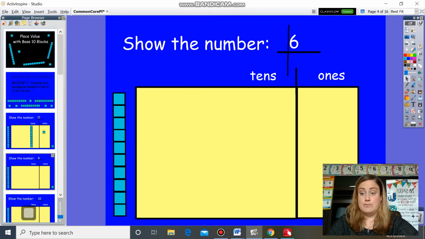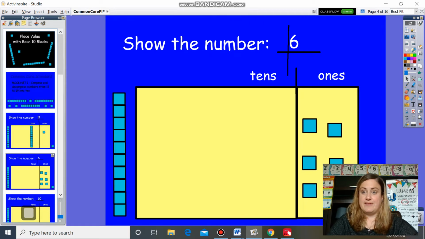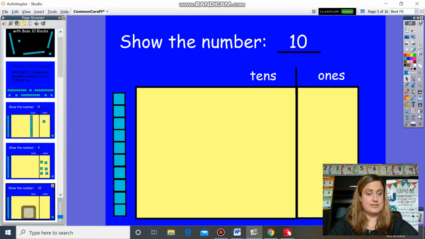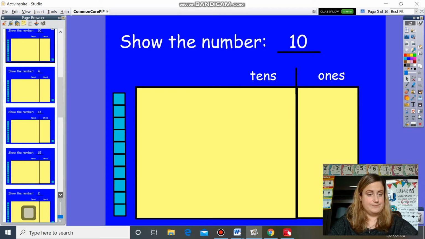So I would be moving 1, 2, 3, 4, 5, 6 in the ones, and nothing here in the tens place. And if I count, I have 1, 2, 3, 4, 5, 6. So this represents the number 6. All right, let's try a different one.